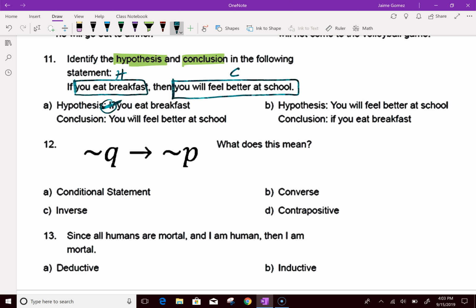No, so that's wrong. In this question, there are only 2 multiple choice, so it has to be this one: if you eat breakfast, then you will feel better at school. So, letter A.